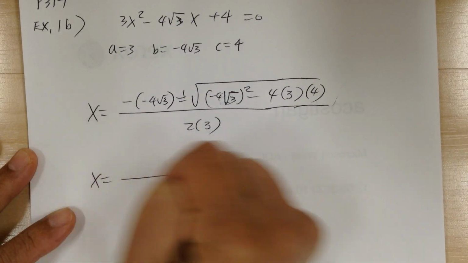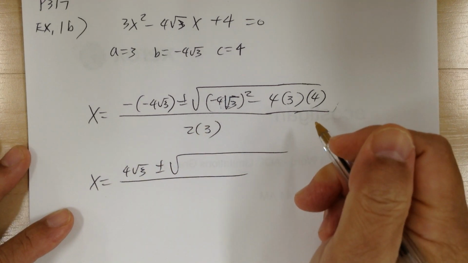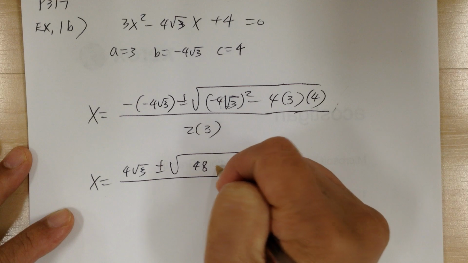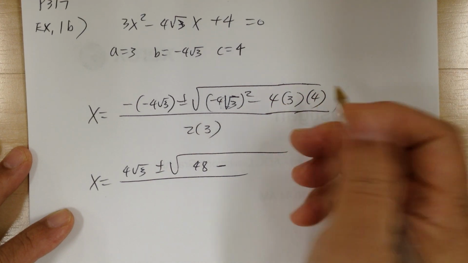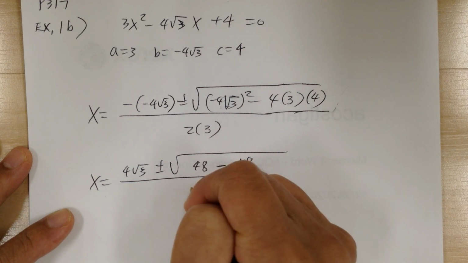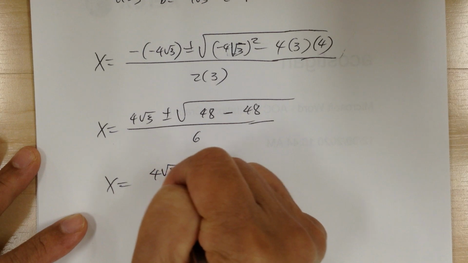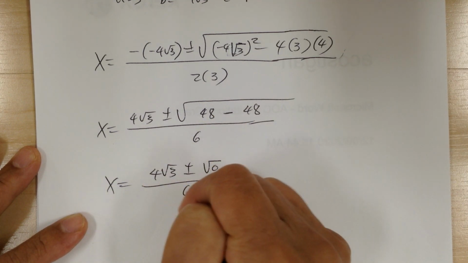So x equals 4 square root of 3 plus or minus square root of, this one will give me 48 minus 48, over 6. So x will equal 4 square root of 3 plus or minus square root of 0 over 6.